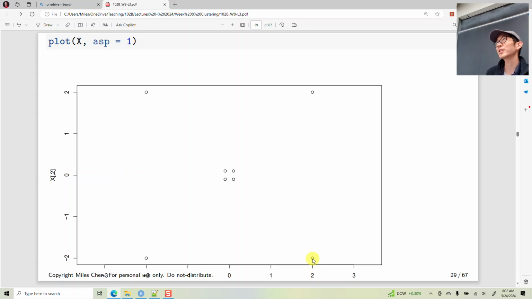But there's something in us that says, they're different, but they belong together, right? And we don't want to split up these ones. But according to Euclidean distance, this dot down here is more similar to this one than this one over here is to that one. Euclidean distance says this is really far apart, therefore they're really different. But something in us says, yeah, I think we should do this.